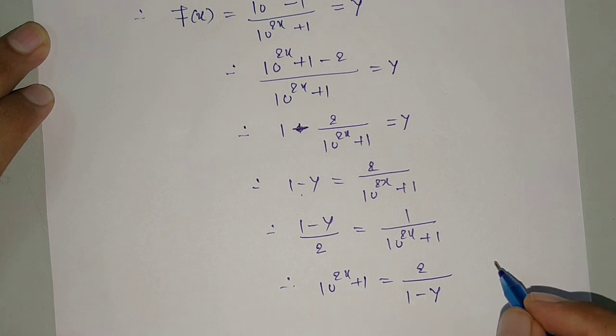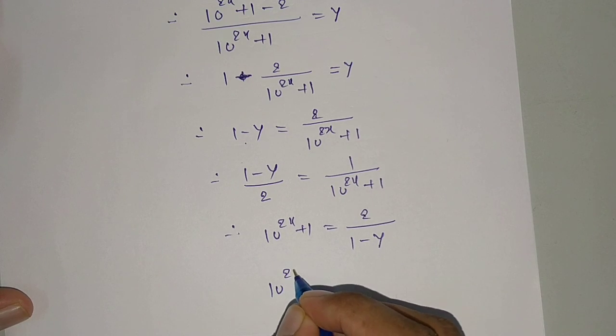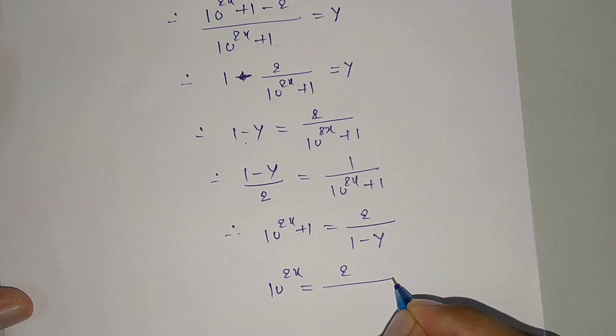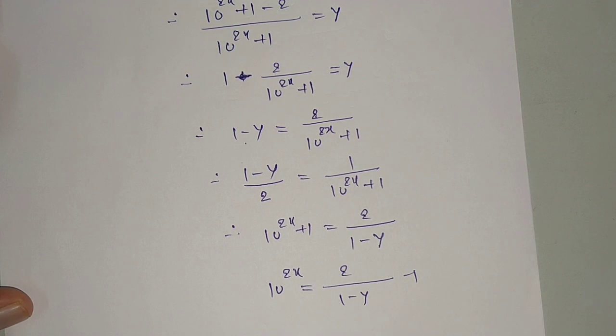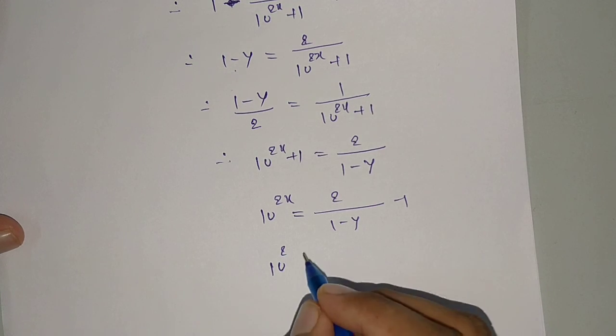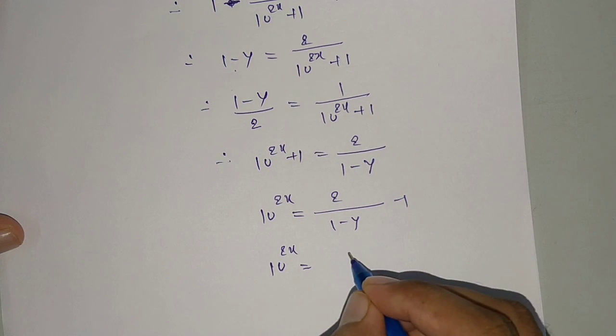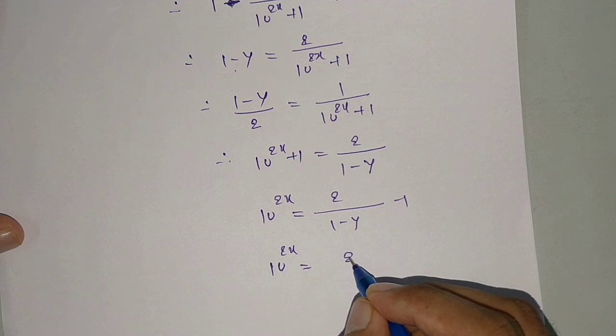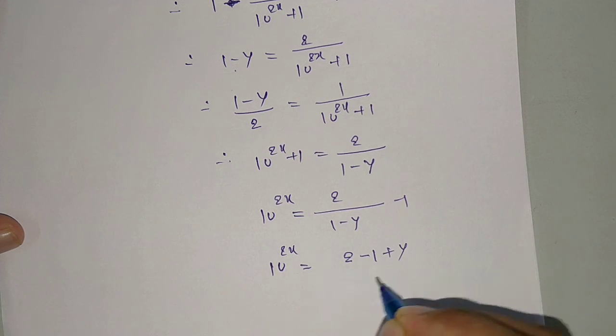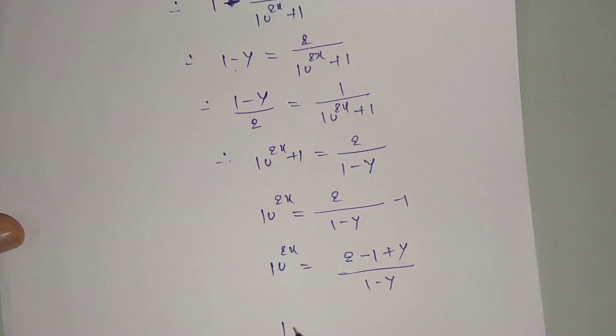Taking 1 to the right hand side, we'll get 10 raised to 2x is equal to 2 upon 1 minus y minus 1. Taking the LCM, we'll get 2 minus 1 plus y upon 1 minus y. So 10 raised to 2x is equal to 1 plus y upon 1 minus y.